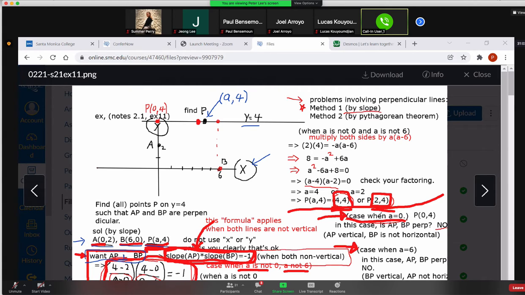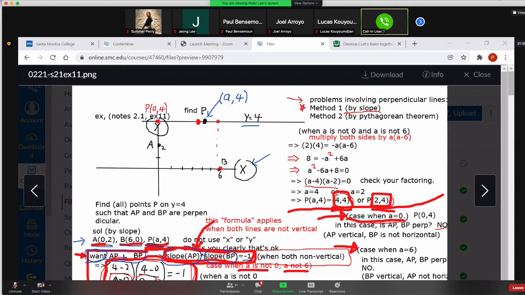And now I'm going to use the slope method. So what do we do? We want the slope of AP times the slope of BP to be -1. This I already mentioned before: the product of two slopes must be -1.